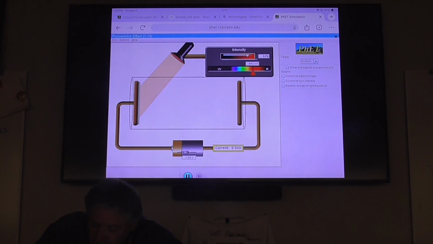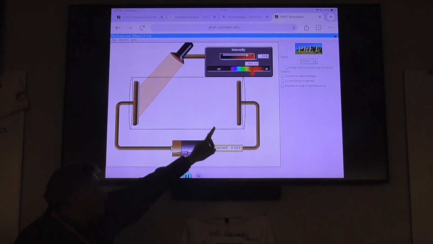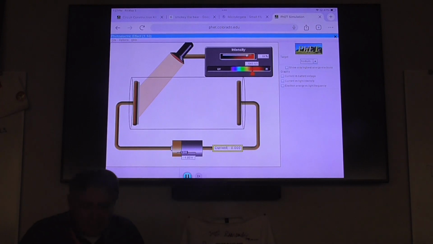Then, when you get to number 8, you're going to change the target. So if you come over here, right up there underneath where it says FET, you can change the type of metal that you have. Like in this situation, you can have copper.